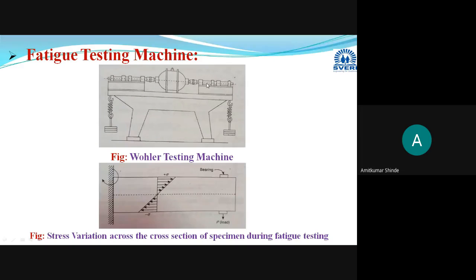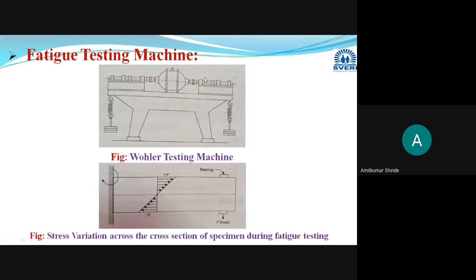Here also this is the specimen, one end will be here, this is the fixed end. From this side we are going to rotate it with the help of the motor, and from this side we are going to apply the load. I will repeat it: the specimen used for checking the fatigue developed in that particular metal will be used in the form of a cantilever beam.